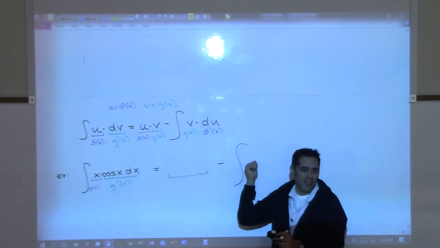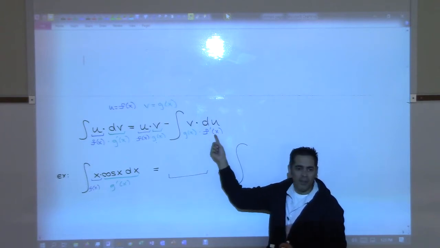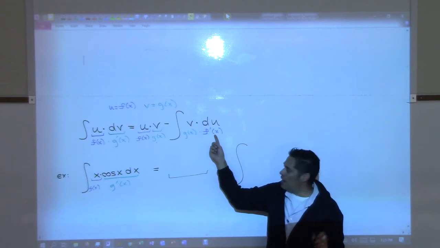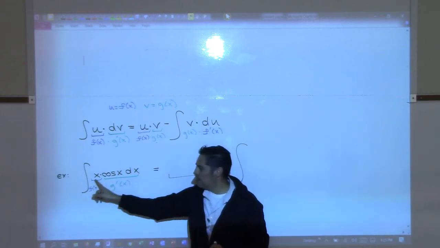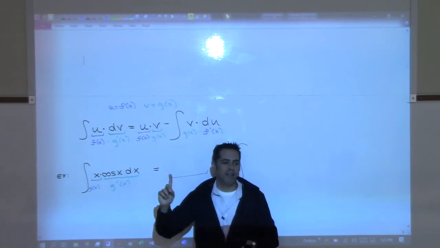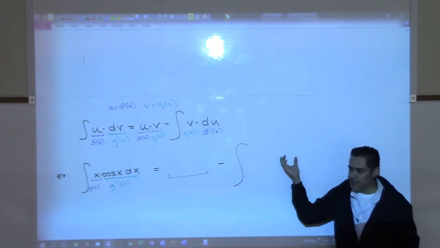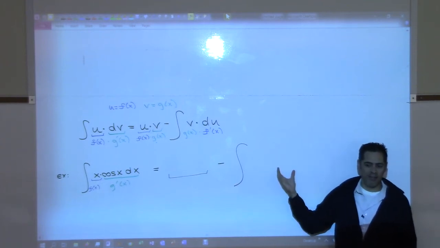Would we mind seeing sine in there? But here's the key. What else is in here? The derivative of f. And if f is the function x, what's its derivative? 1. So in here we're going to have sine of x times 1. And that's just sine x, right? And can you integrate sine x? Yes.